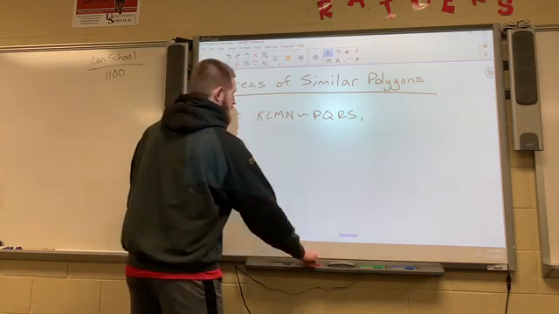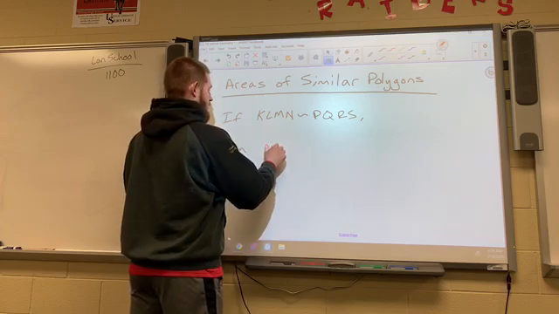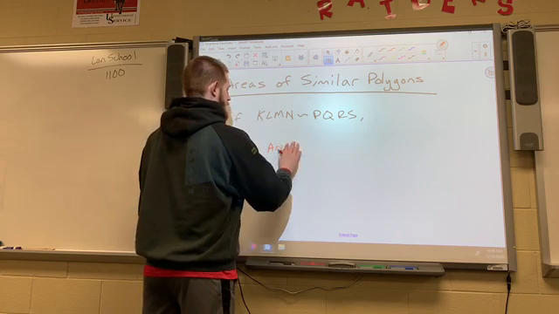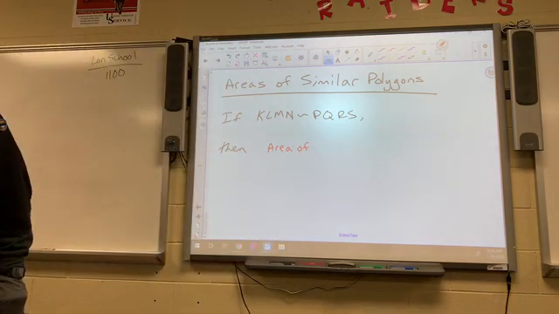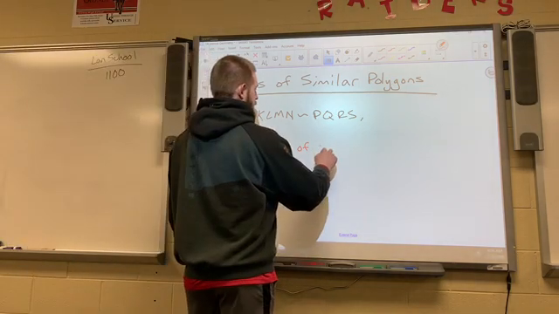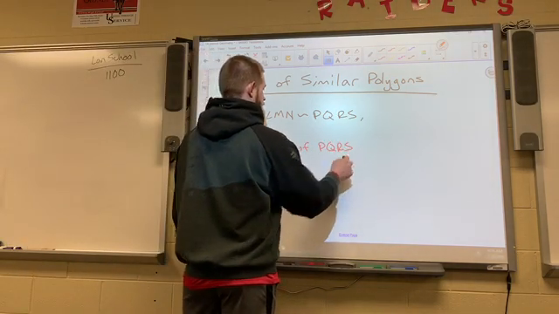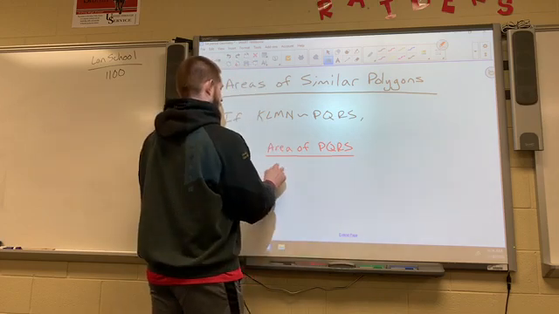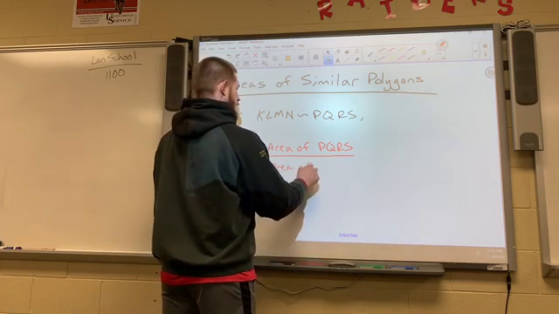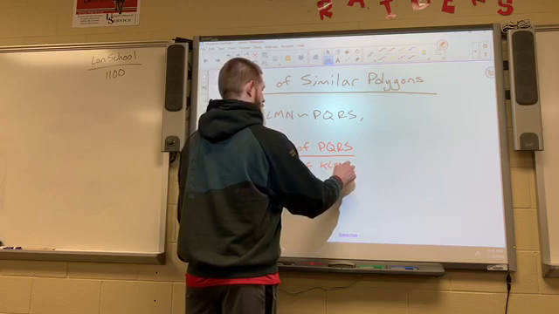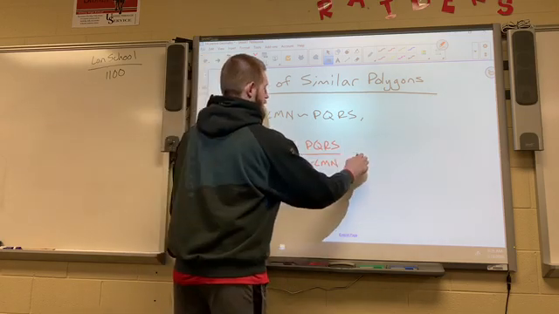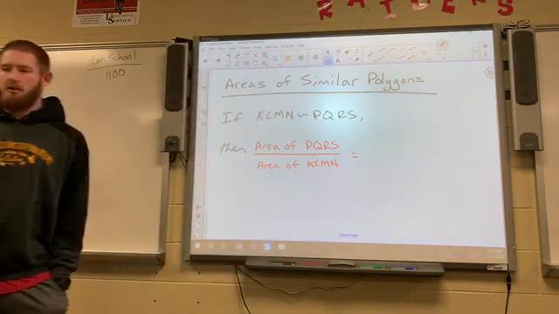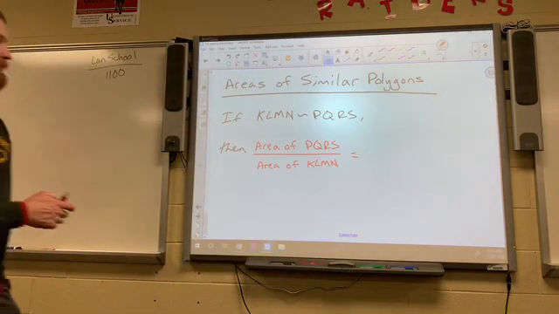Then the area of PQRS over the area of KLMN is equal to, and it's going to look pretty similar to how we set it up, but we have to add something.